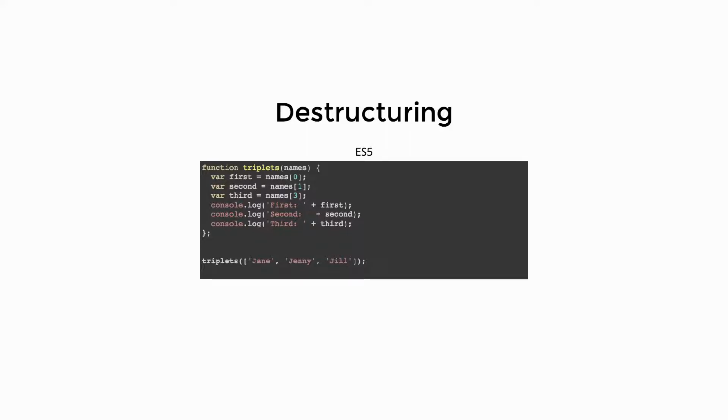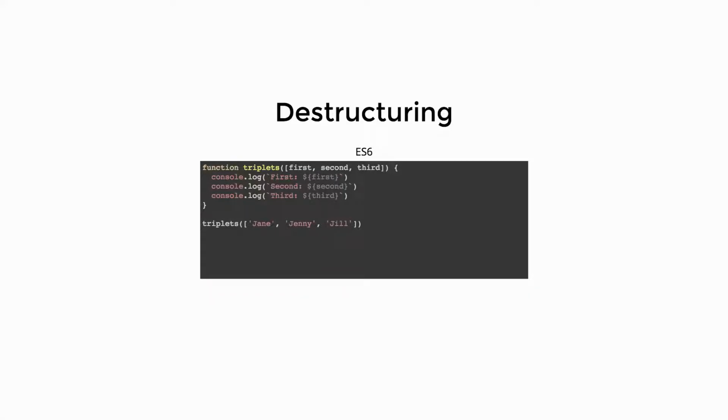And so in ECMAScript 5, or ES5, you would say name 0, name 1, name 2, and that would print out first name, second name, third name. This is no longer necessary. We now can pull them out by their respective index in the array right in the argument parameter there. So that is really sweet.